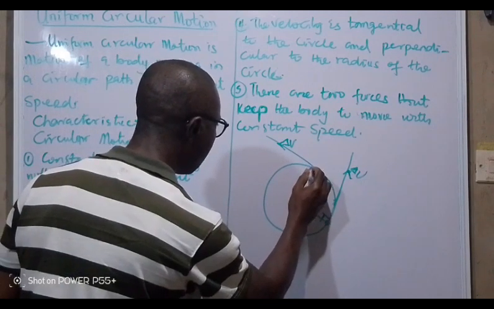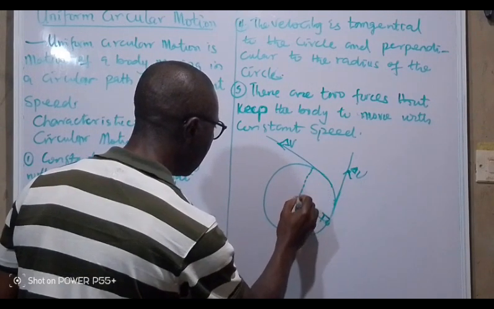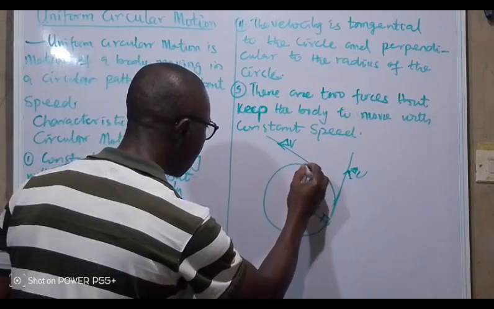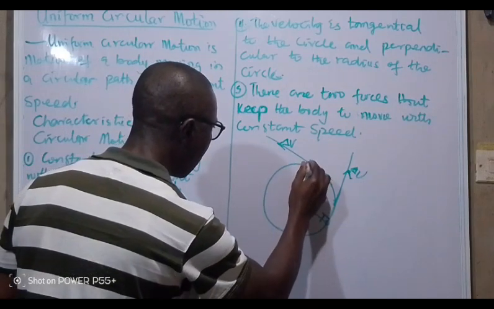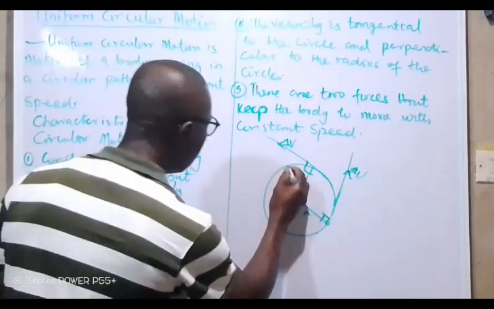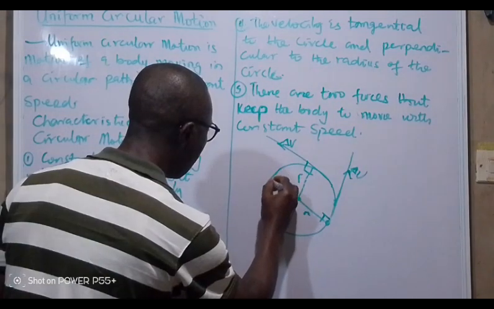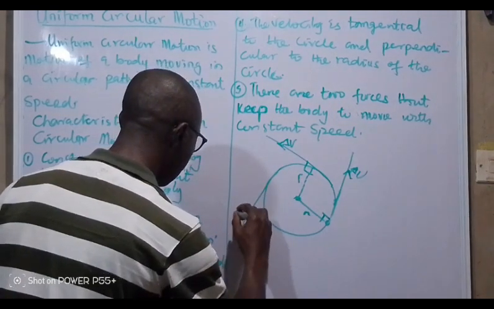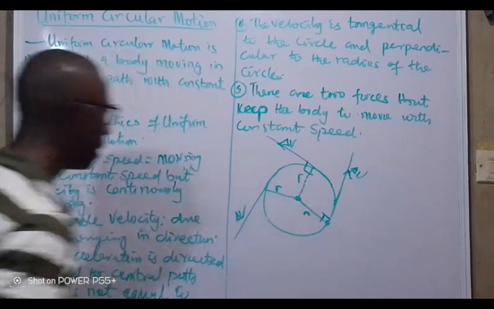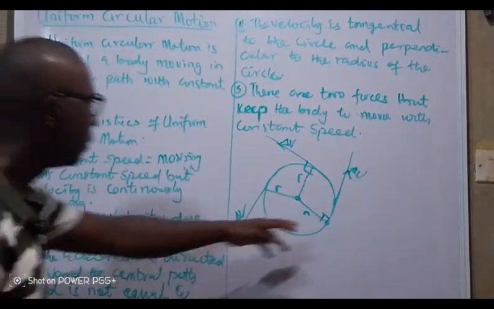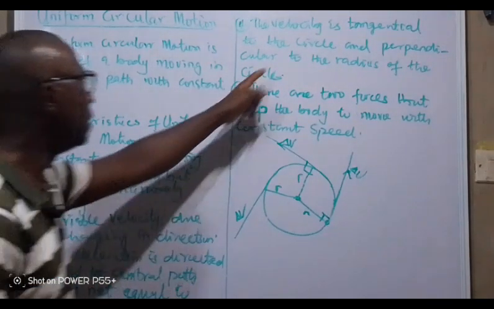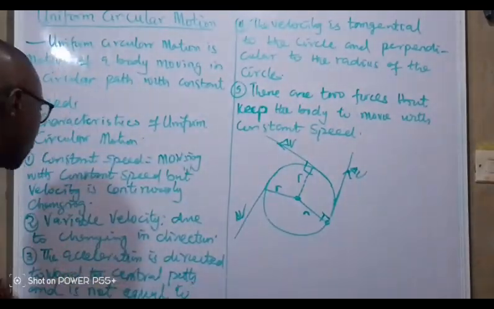If you take it from this place, this is another r. The velocity is tangential and perpendicular to the radius of the circular path. Take another one, it will be like this. This is delta v. Take another radius like this. Since there is always a change in velocity, we say the acceleration cannot be equal to 0.